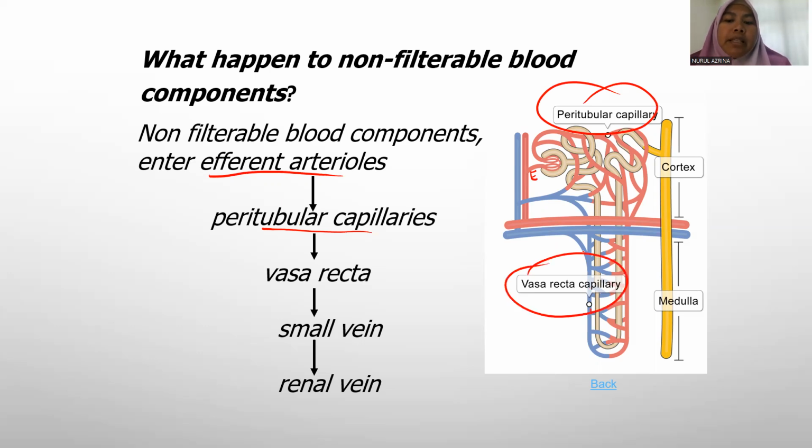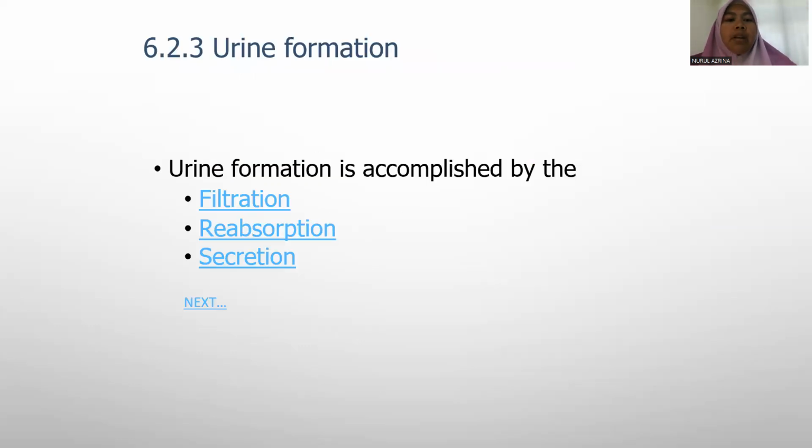Before exiting into the small veins and the large renal vein. Okay, right. So that is all about the first step, which we call ultrafiltration.